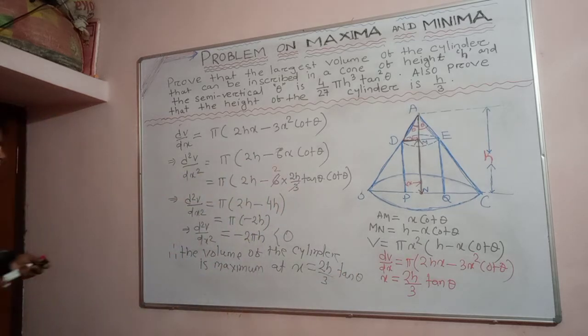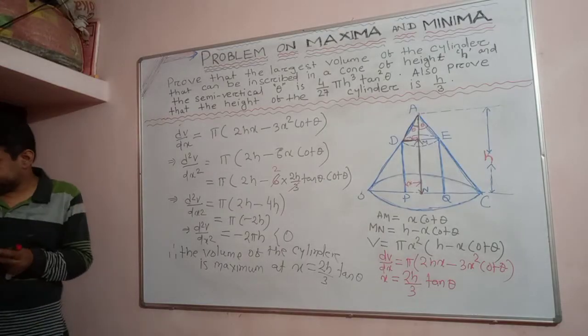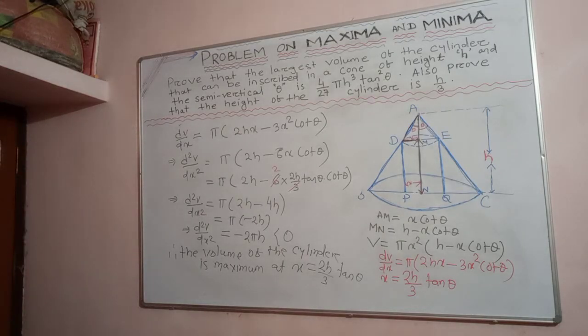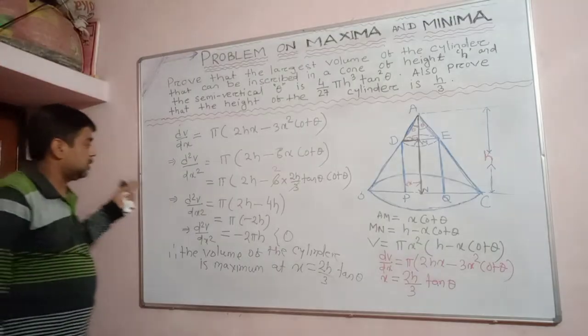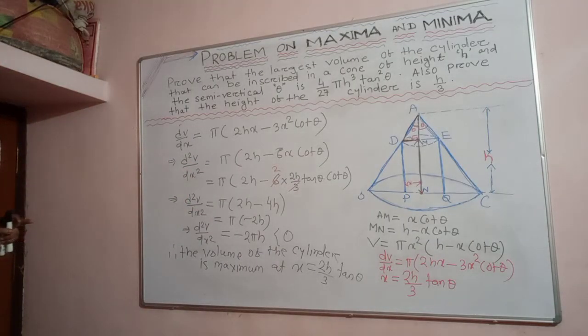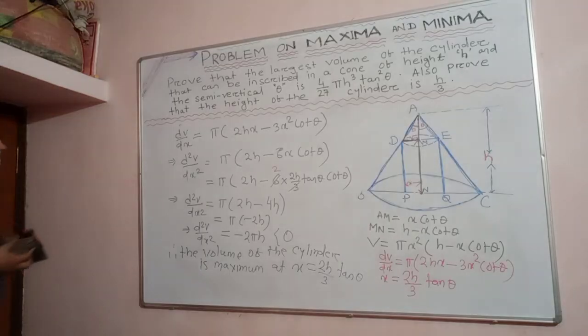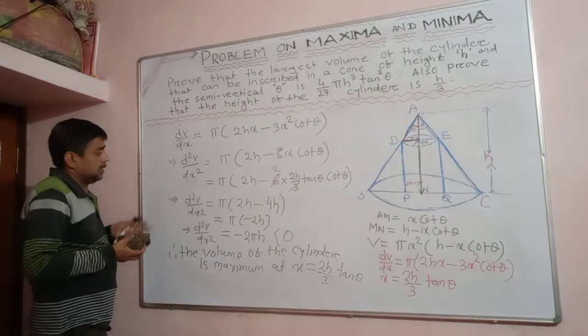Okay. So the volume of the cylinder is maximum at x is equal to 2h by 3 tan theta. Since the cylinder has maximum volume, we get that the cylinder is the largest that is inscribed in the cone. So let us find out what is the volume of the cylinder, right? Okay. Shall I erase it?